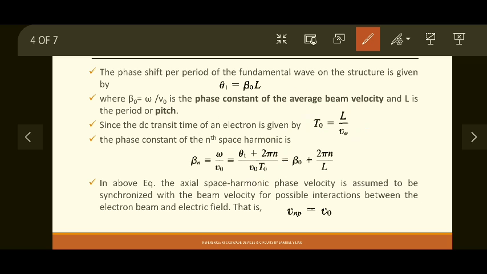For example, beta n will be the fundamental plus the nth harmonic. The fundamental is beta 0 L, plus the nth harmonic, omega upon v0, substituted in this one.